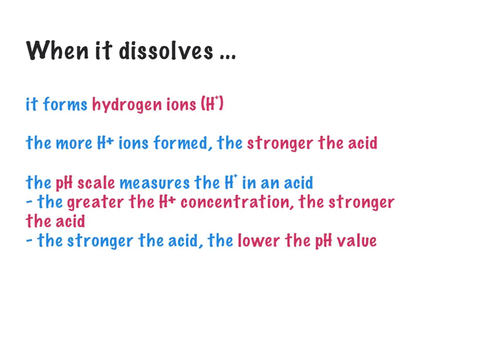And so the greater the number of hydrogen ions, or the greater hydrogen ion concentration, the stronger the acid. And then from that, let's relate it to the pH table. So we could say the stronger the acid, the lower the pH value. Remember, acids have a pH value less than 7. So right down near 1s and 2s maybe, we are in the realm of strong acids.